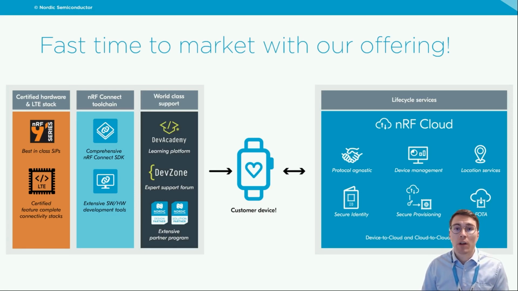Then you need to have a secure way to firmware over the air upgrade your devices if you have any bugs that you need to fix, new features that you want to introduce to your applications, etc. As well as device management features we have introduced and new secure services. I'm going to talk more about that later. And with our nRF Cloud solution, you have support for both device to cloud and cloud to cloud solution through REST APIs.